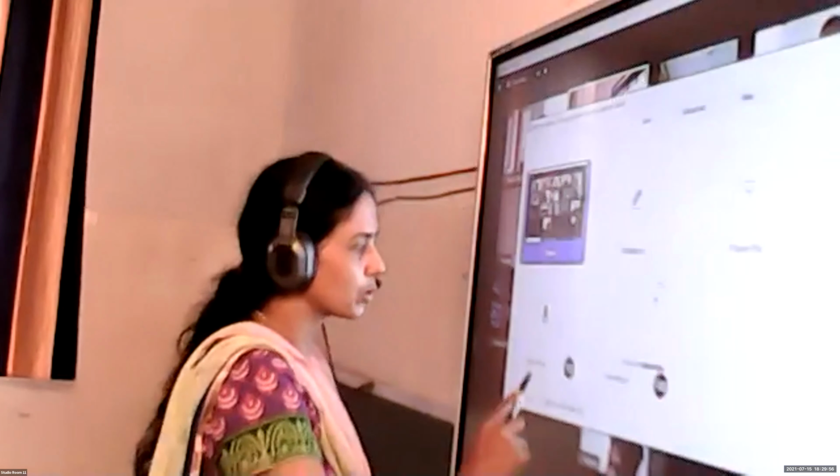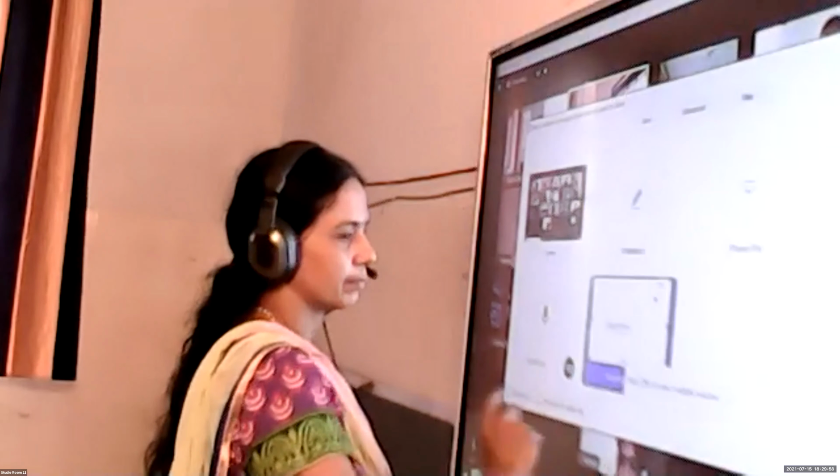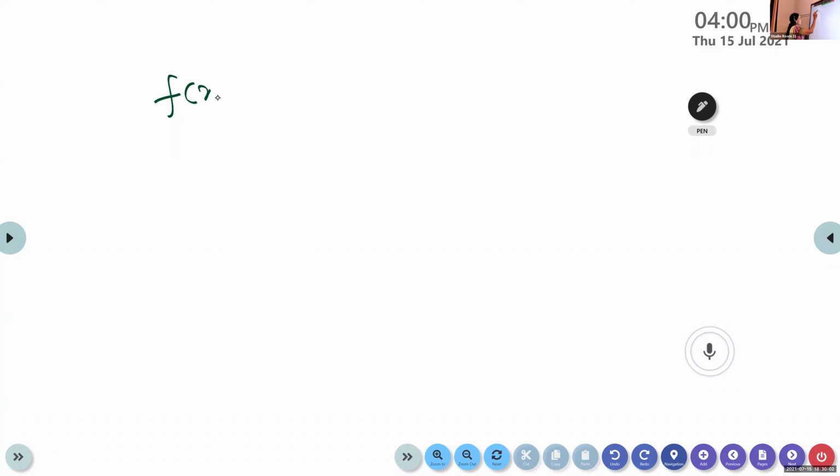So listen, I'm going to find out f dash of x. What is f of x here? F of theta, instead of x here it is theta, is 4 sine theta by 2 plus cos theta minus theta.